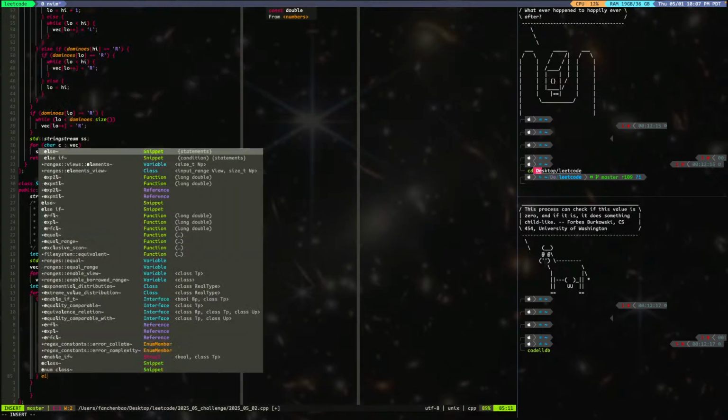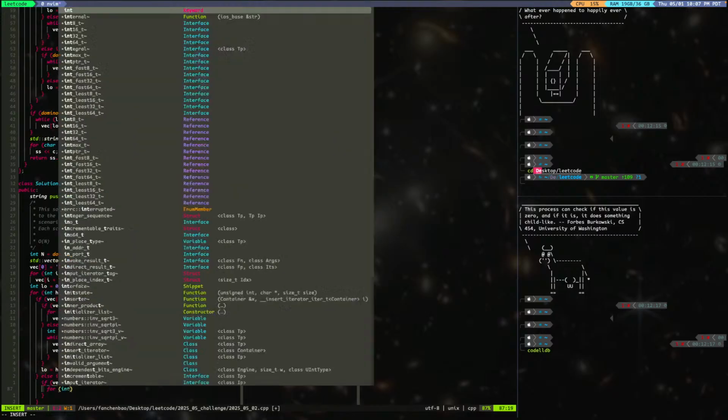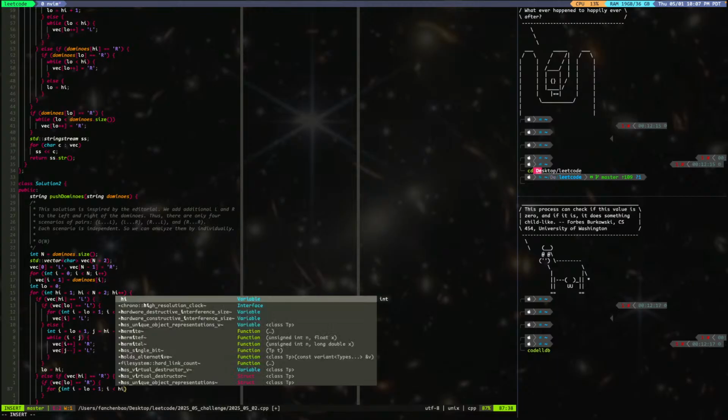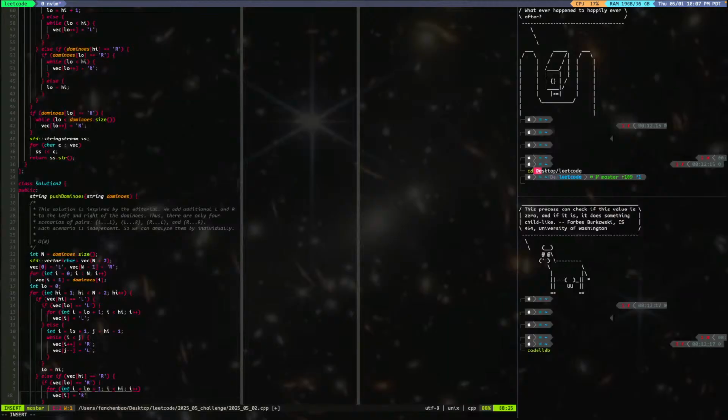Now we can say else if vec high is equal to low, not low, equal to r. Again, we have if vec high, vec low is equal to r, and then we basically for int i equal to low plus 1, i smaller than high, i plus plus, then we do vec i will equal to r.